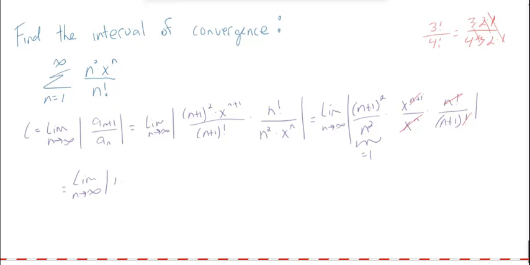So this is the limit as n goes to infinity. I get 1 times x times 1 over n plus 1, which is the same as the limit as n goes to infinity of just x over n plus 1. Now, what happens? Well, you just have to think of x as a number.